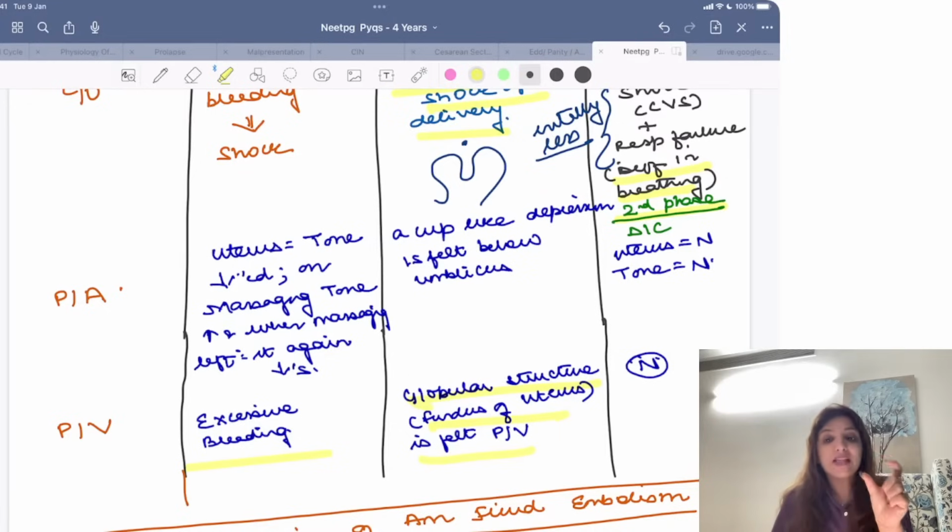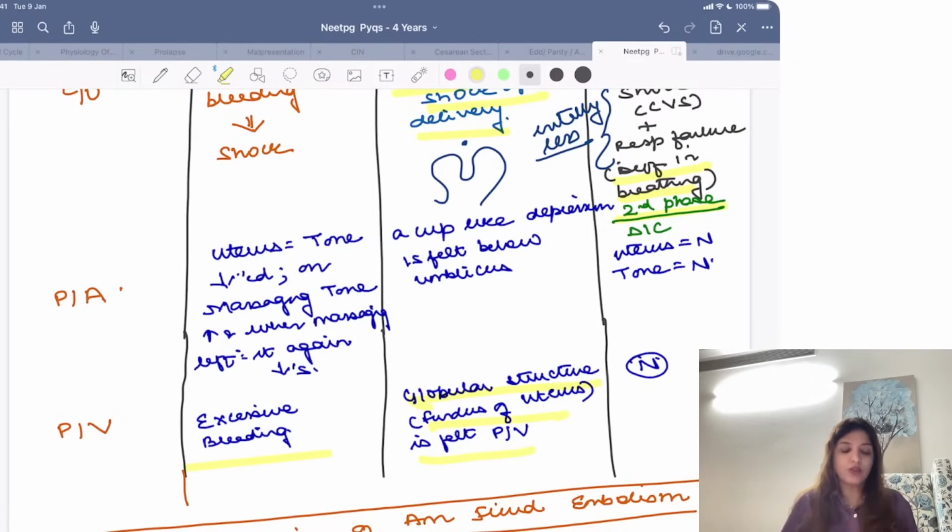Right? So based on bleeding, we do not decide whether it is amniotic fluid embolism or not. We are going to make a diagnosis of amniotic fluid embolism based on this: initially, in the first phase there is going to be respiratory failure and cardiac failure, and in the second phase there is going to be DIC. Clear to all of you?